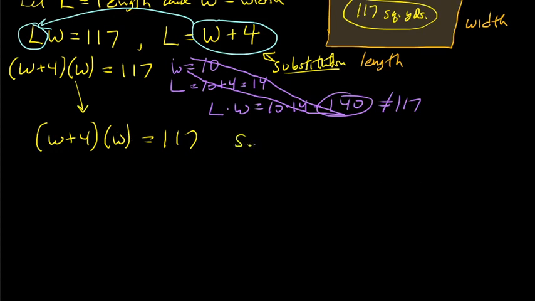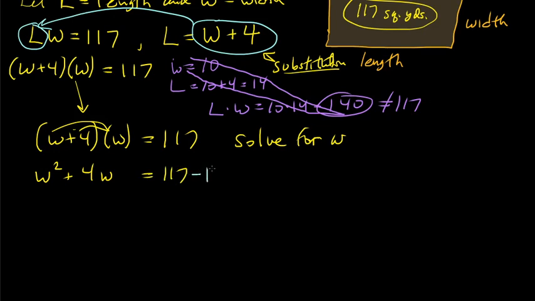So now we just have to solve this equation for W. And it is a quadratic equation. If we expand it out, we get W squared plus 4 times W equals 117. And although it's not in standard form, that's an easy fix. Just subtract the 117 from both sides.